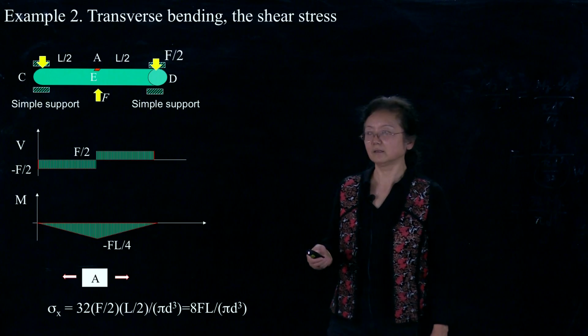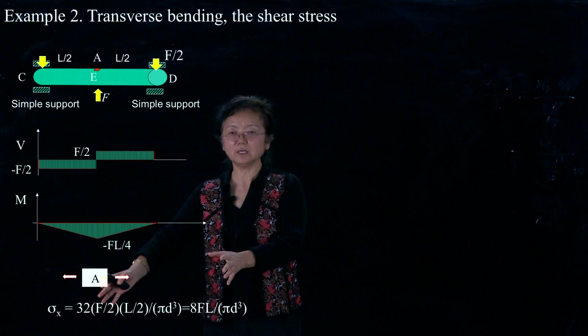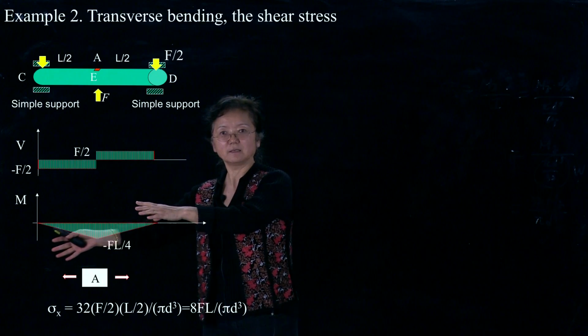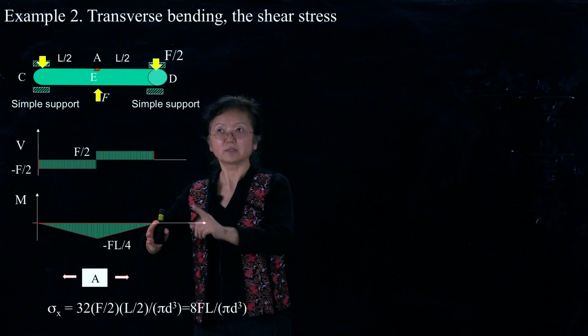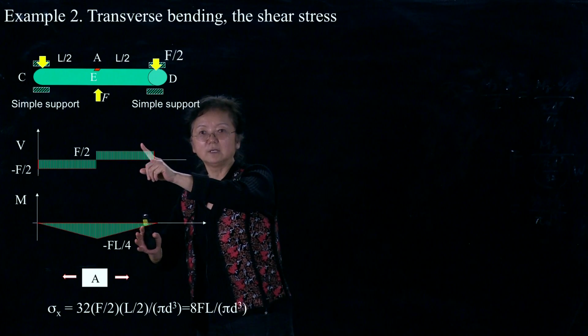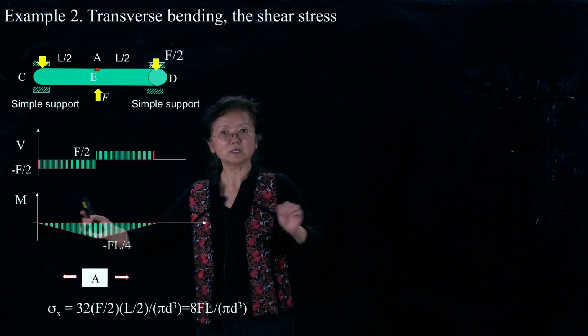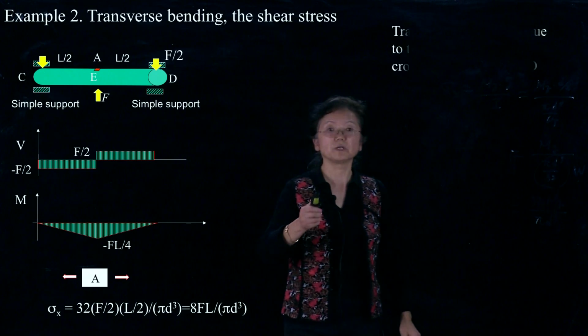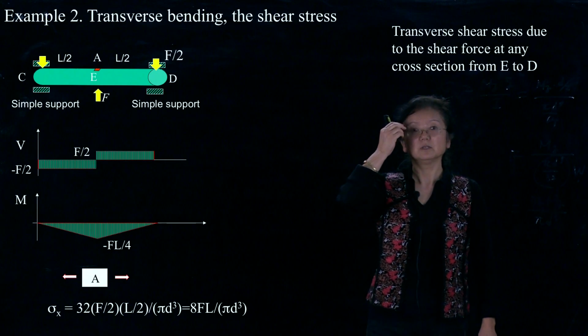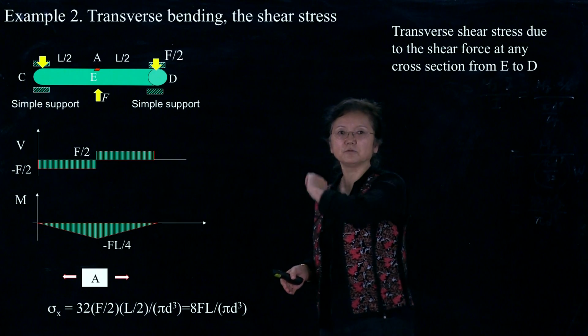One thing that we need to pay attention to, okay, the difference between this one and the pure bending case is that the bending is caused by this transverse force. And this transverse force not only causes normal stress, it also causes shear stress. So we need to look at the transverse shear stress due to the shear force.